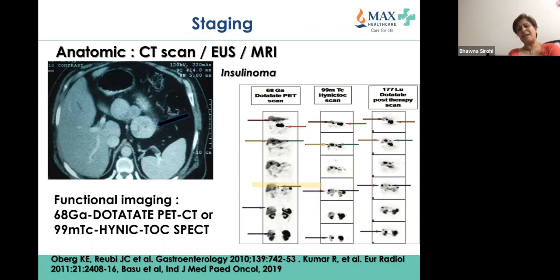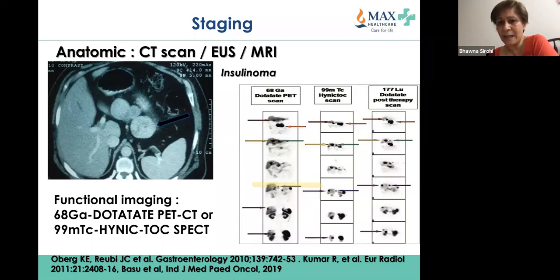As far as functional imaging is concerned, whichever city or town you are in India, you may not have a PET scan, but you may have a nuclear medicine department which is quite close. If you have a PET scan department within nuclear medicine, the patient should have a gallium dotatate PET scan.